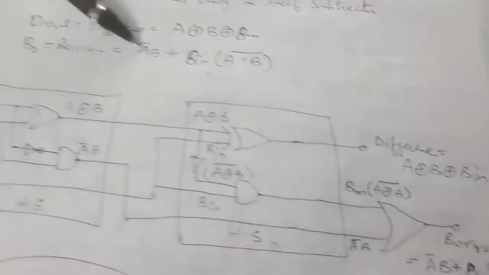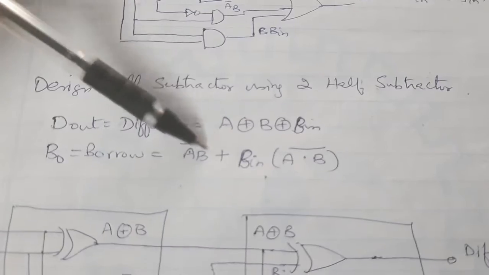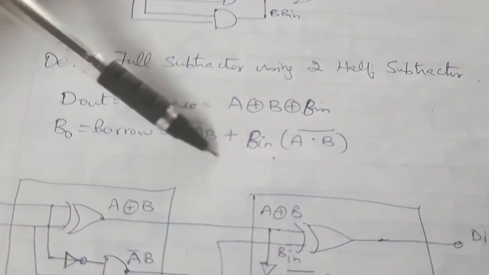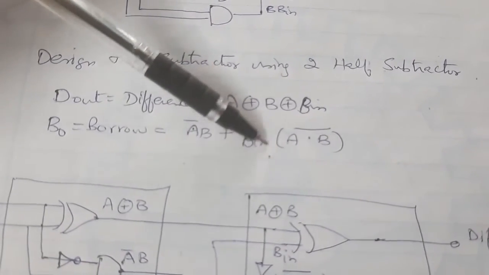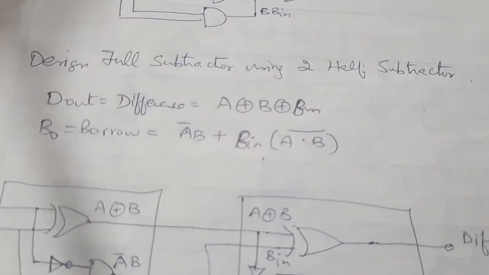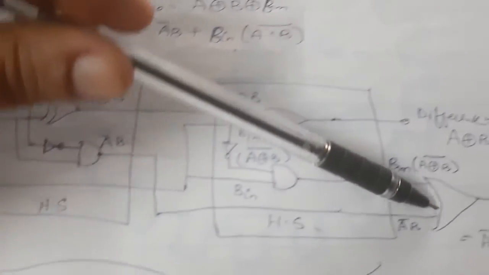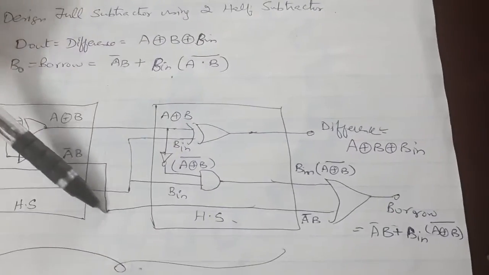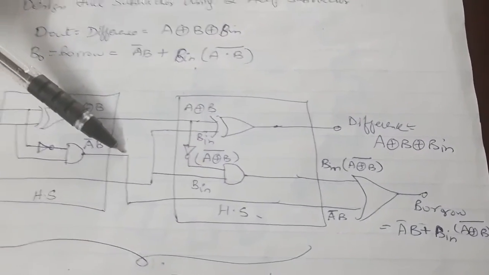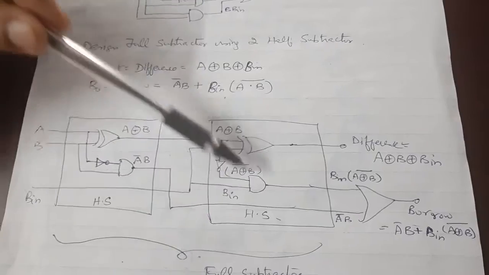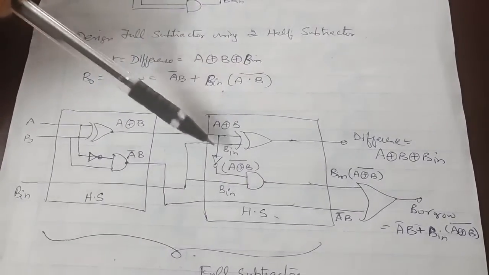Next, for borrow, A bar B is the output of only the first half subtractor. Then you have to do this combination. The first borrow you take from the first half subtractor. For the second half subtractor, you do the combination with B in.